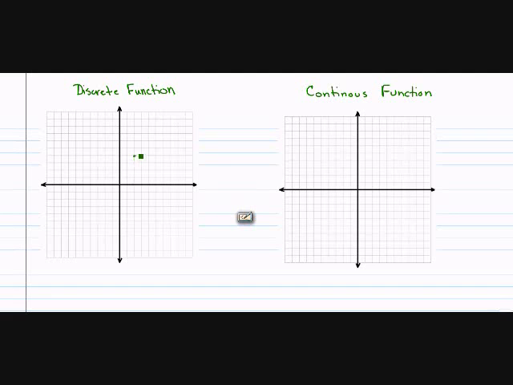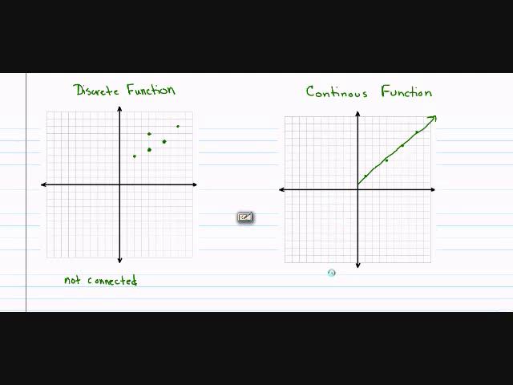In a discrete function, you have points on a graph, almost looking like connect the dots. It is not connected. Okay? Where a continuous function, you still have dots or points, but those points are connected.